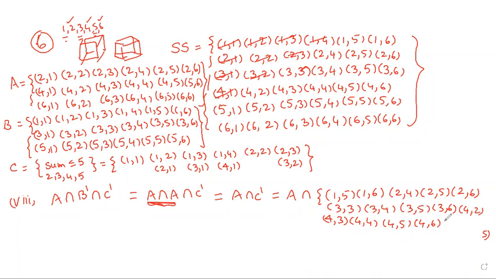Next 5 comma 1, 5 comma 2, 5 comma 3, 5 comma 4, 5 comma 5, 5 comma 6. Next 6 comma 1, 6 comma 2, and 6 comma 3.